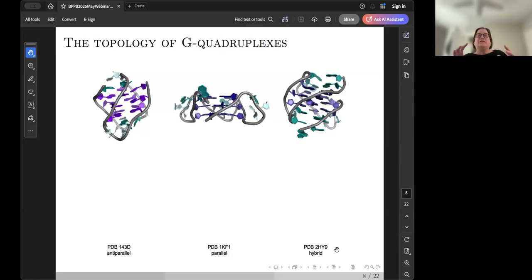What this means is there's lots of different shapes that these secondary structures, these non-standard DNA forms, can take. I'm showing you just three representative ones from the PDB. These are solved structures of these different DNA topologies, in the parallel, anti-parallel, and hybrid forms here. Just by looking at them, you can see all those G's lining up and forming those stacking plates, which are characteristic of the G quadruplex.